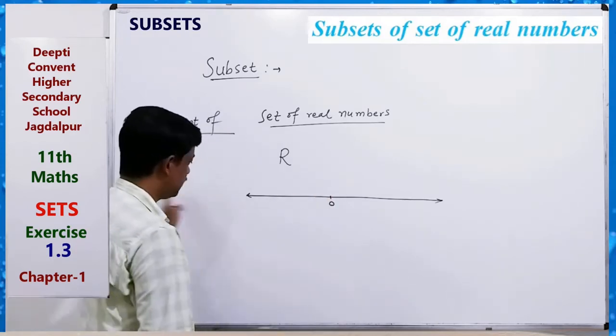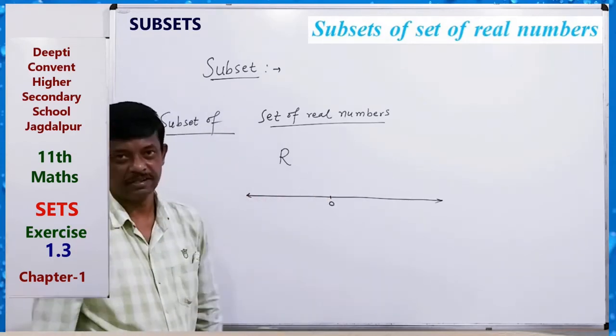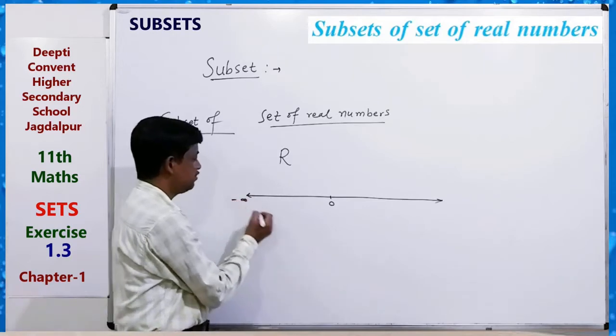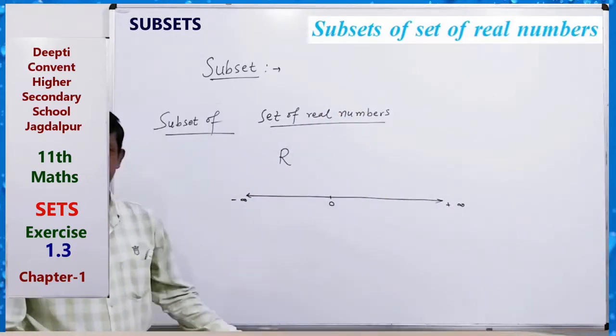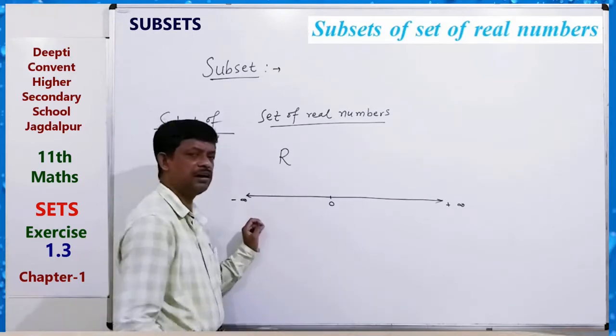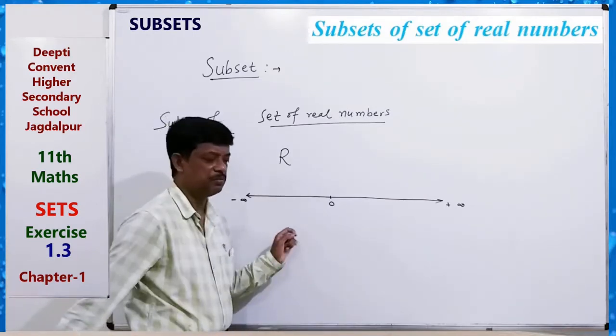This is 0, this is negative side, this is positive side, from minus infinity to plus infinity. Any numbers on the line are representing real numbers.